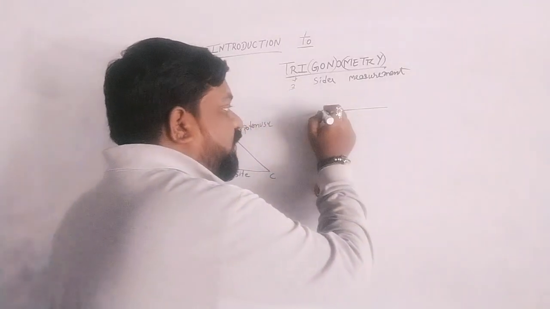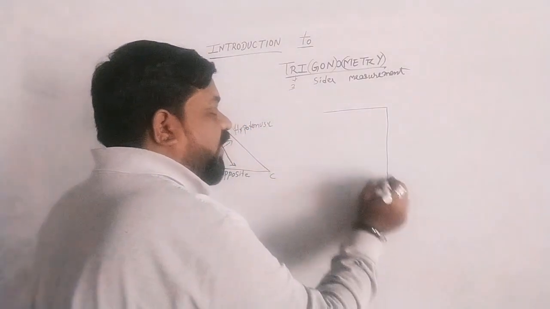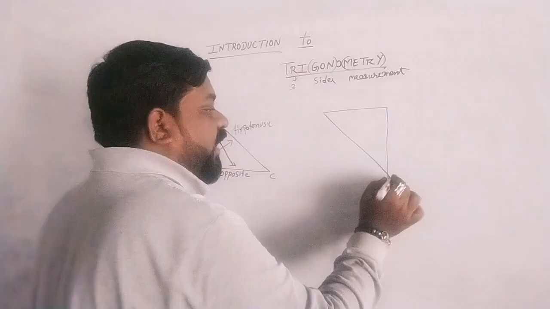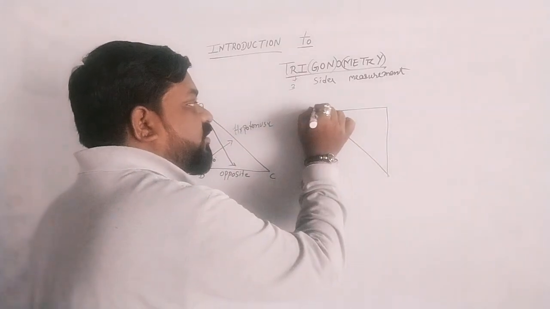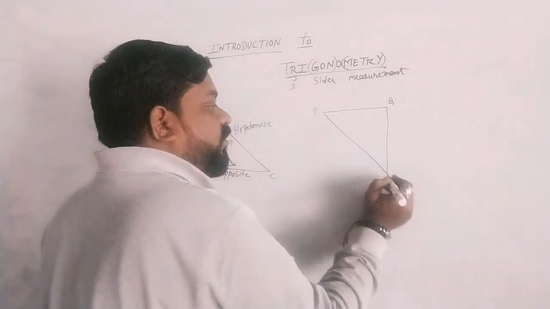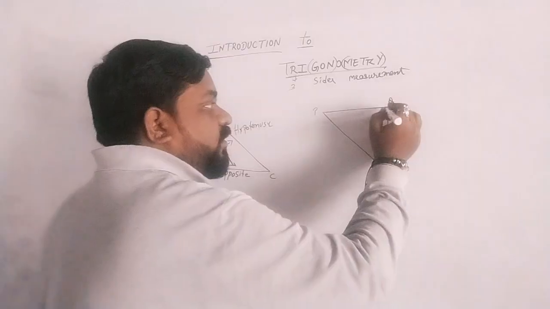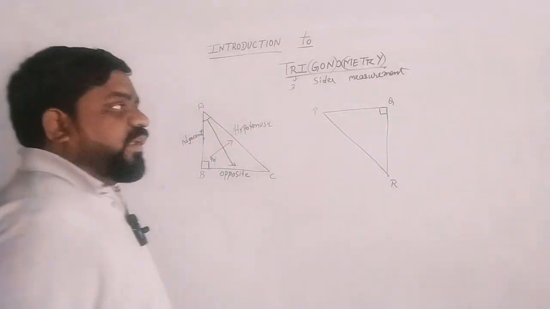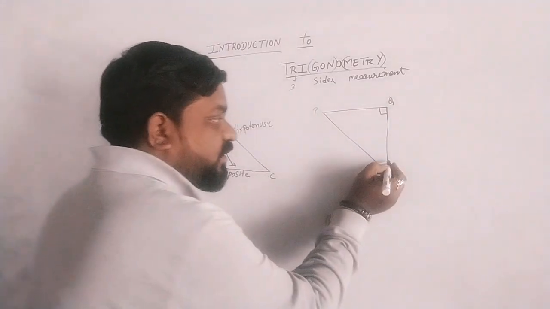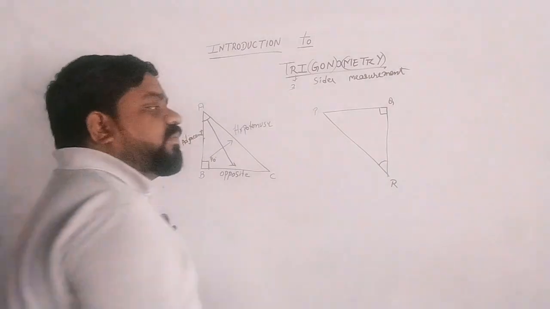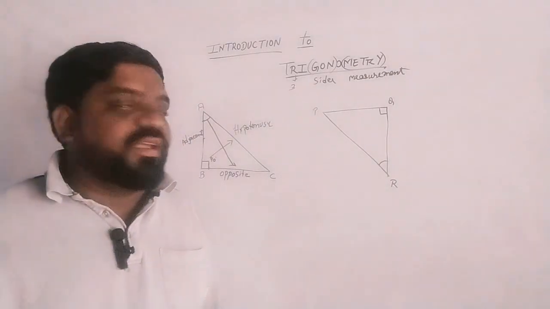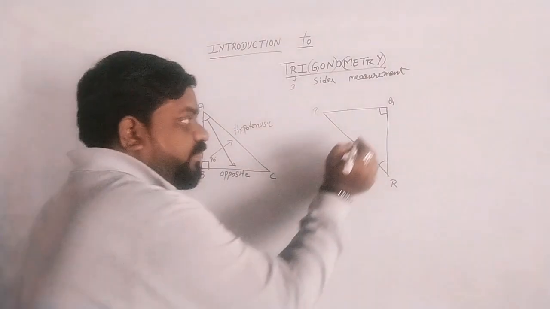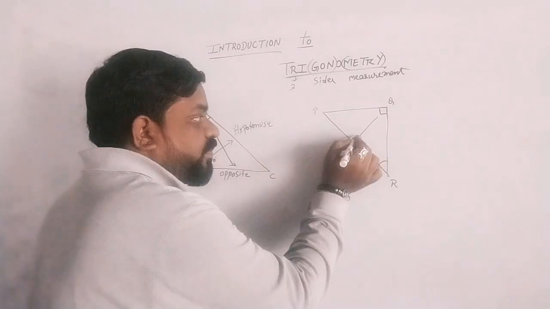So I will consider one more triangle and I will name it PQR. So Q is 90 degrees and I will consider R as the reference angle. Now write the sides.